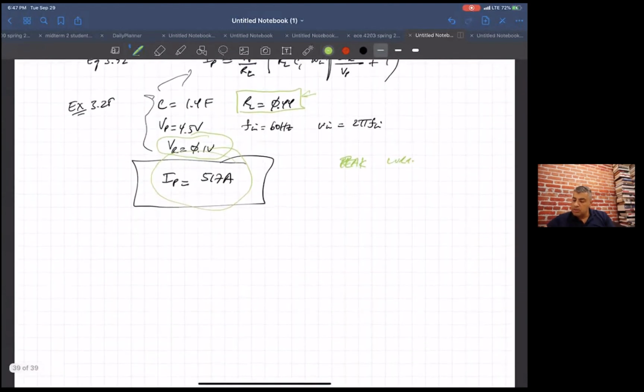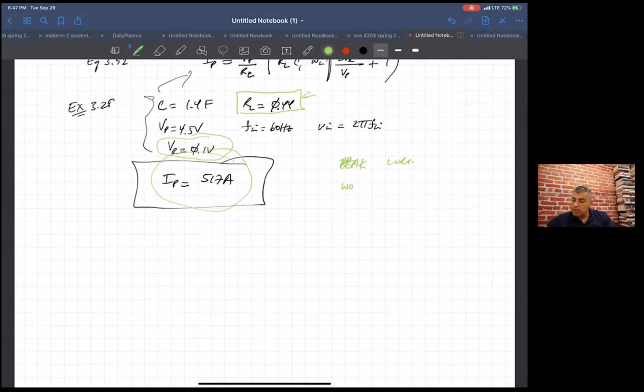So you need to worry about peak current and worry about the breakdown voltage of the diode. These are in the diode specifications, so you have to make sure you pick the right diode.